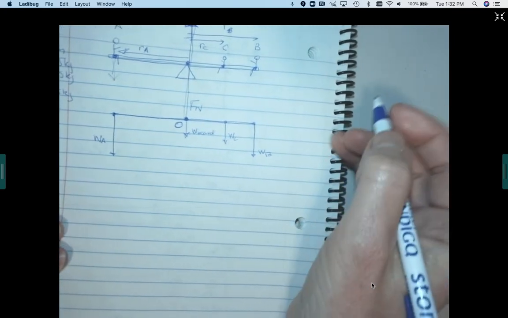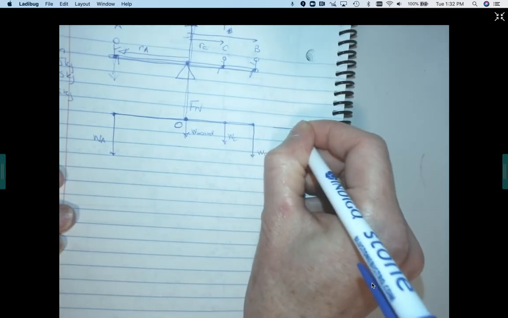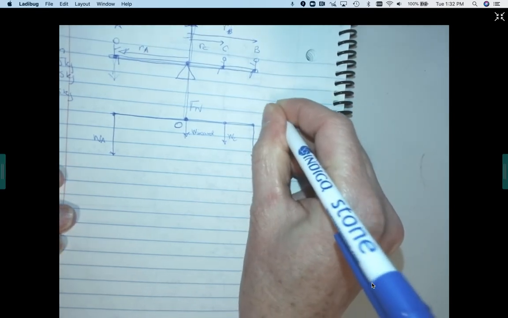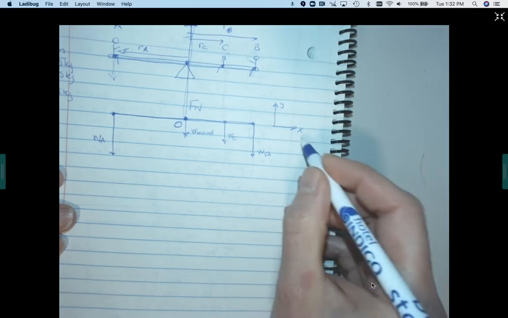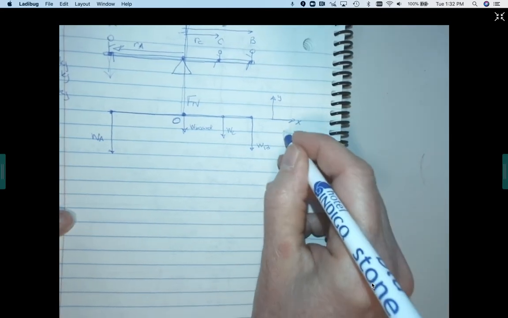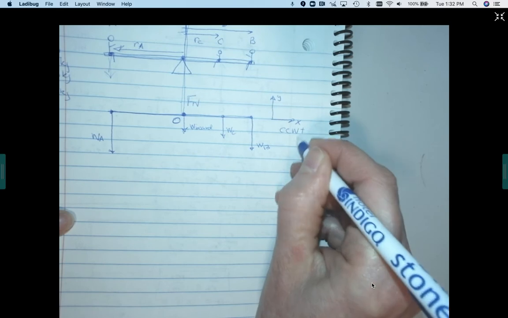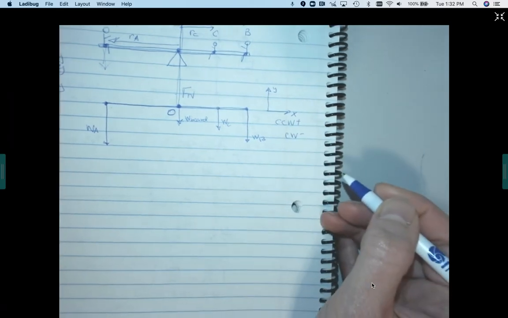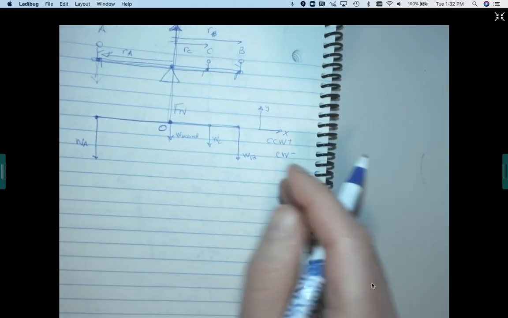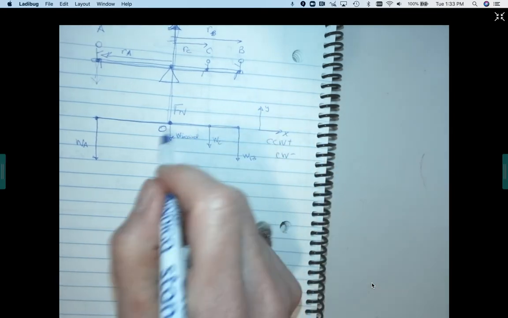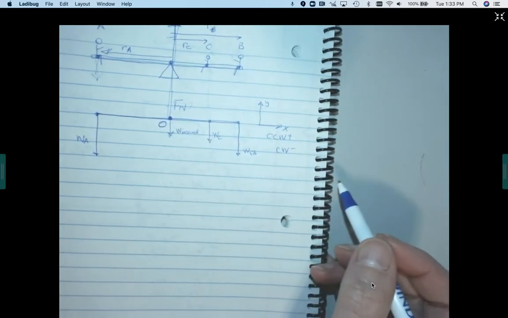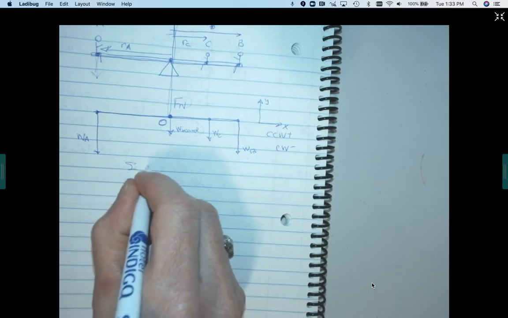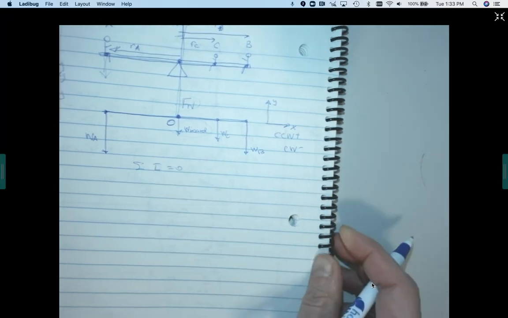We again set up our coordinate axes, X here and Y here. For our torque direction, counterclockwise is positive and clockwise is negative. So we know already that the board and the normal torque are going to go to 0. Then we can sum up the rest of the torques. The sum of the torques equals 0.